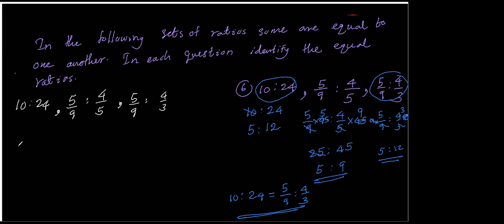First take this one, 10 to 24. Simplify. When simplifying, how many 2's here? 5. How many 2's here? 12. 5 to 12. Now take this one, 5/9 to 4/5. To remove this 9, we can multiply this is by 45.